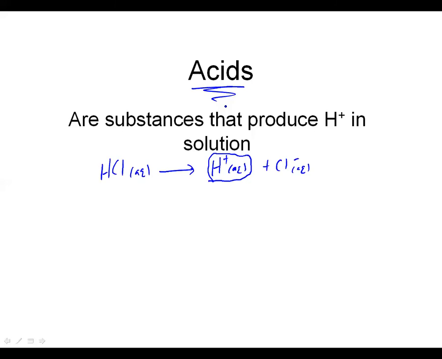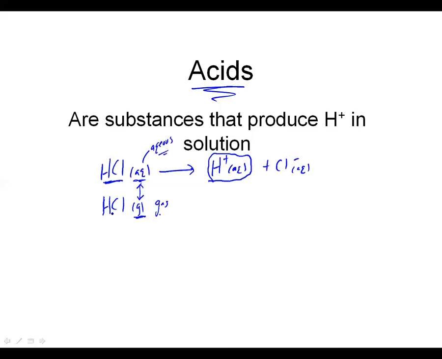But before we do, let's talk about the difference between something like this and something like this. If we have something in the gas state, which is HCl, and it's the same formula as we see up here with the AQ, the difference in how we name it really is in those little states. G means gas, AQ means aqueous.